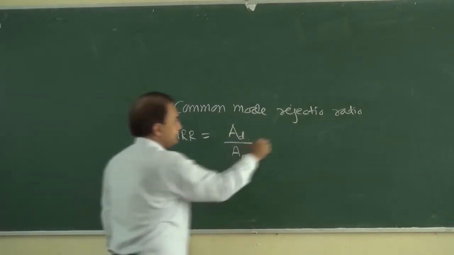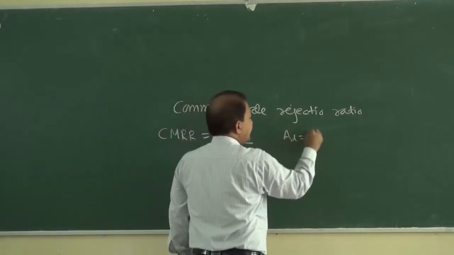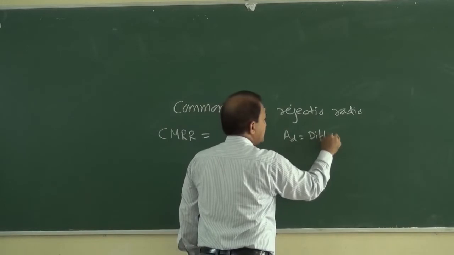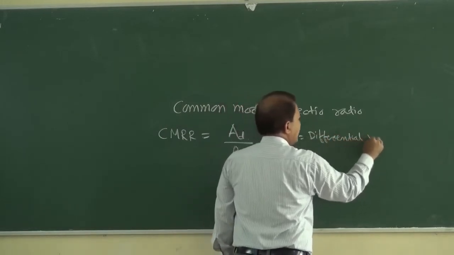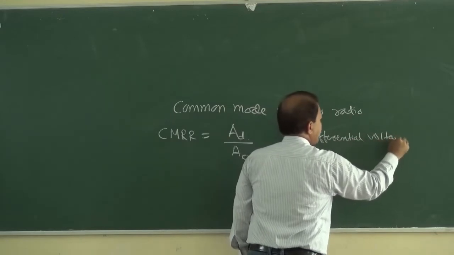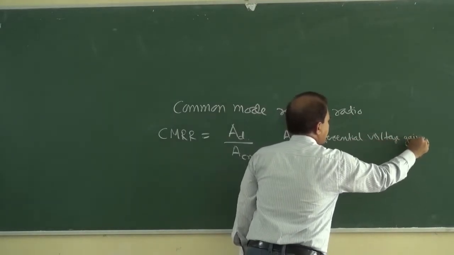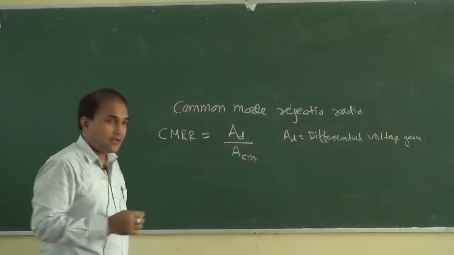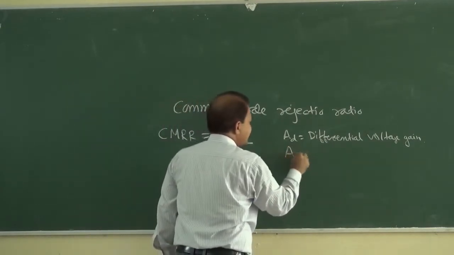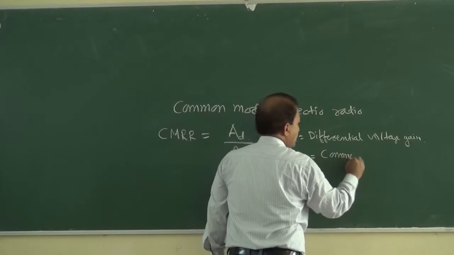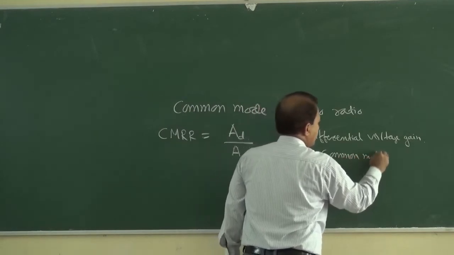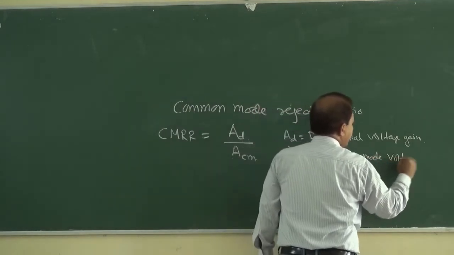AD is differential voltage gain. And what is ACM? ACM is common mode voltage gain.